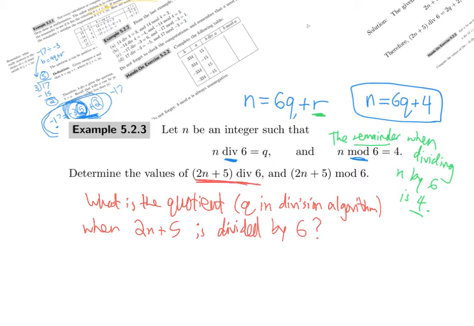That's this part. And the second question is, what is the remainder? Again, the r in the division algorithm. I'll often abbreviate division algorithm div-alg when 2n plus 5 is divided by 6.